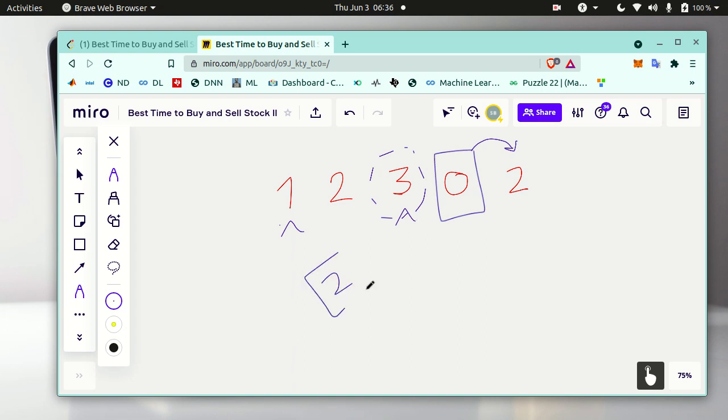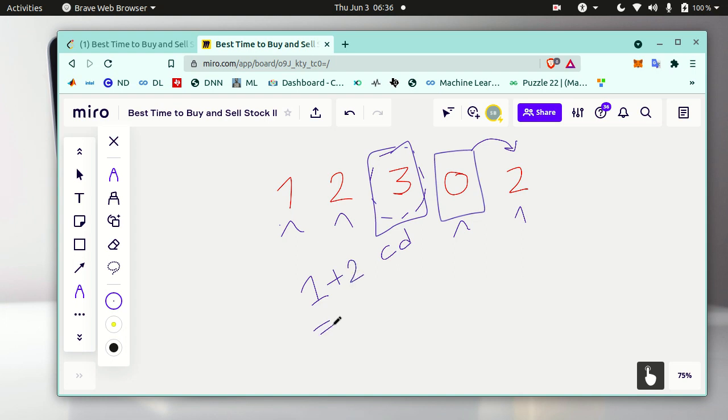Because you cannot buy here again. But instead, if you sell over here, you get a profit of 1, and on this day you cool down and buy again here and sell here, so you get two more profit.